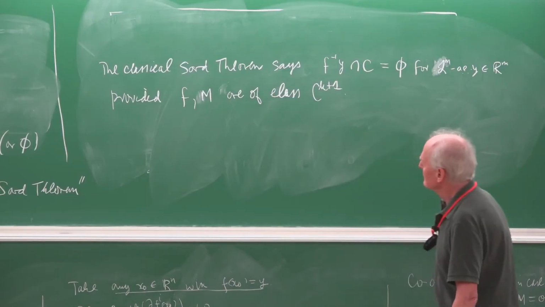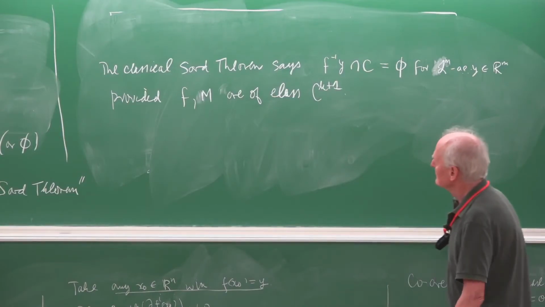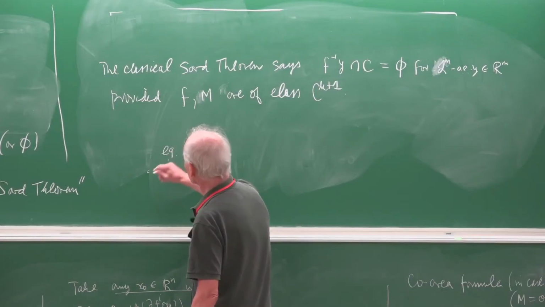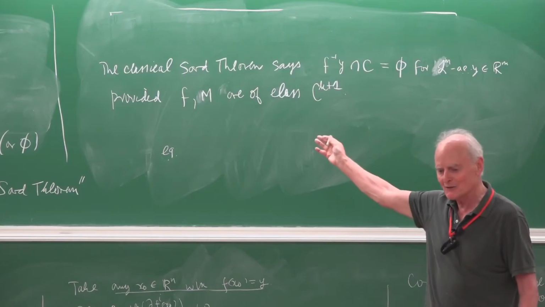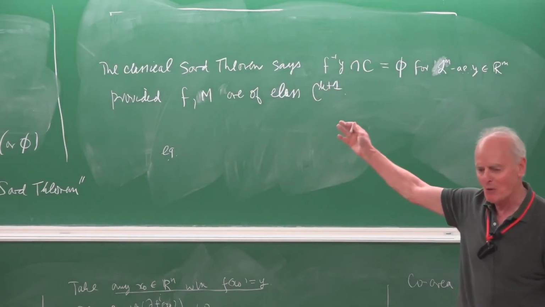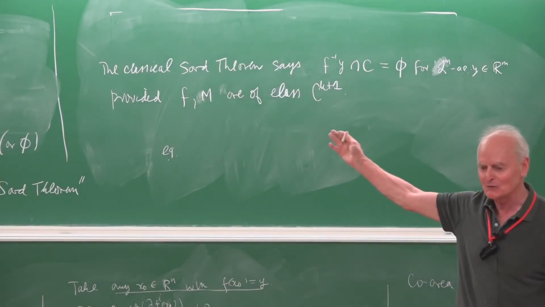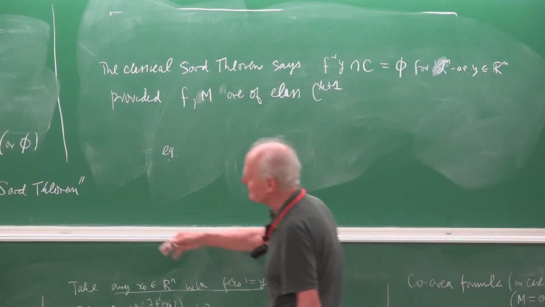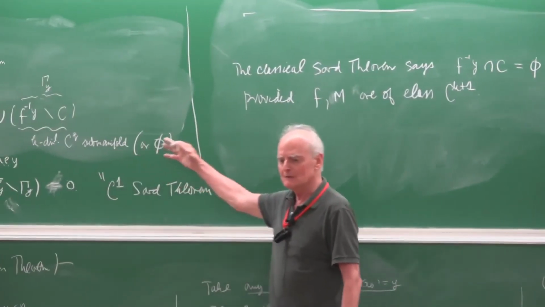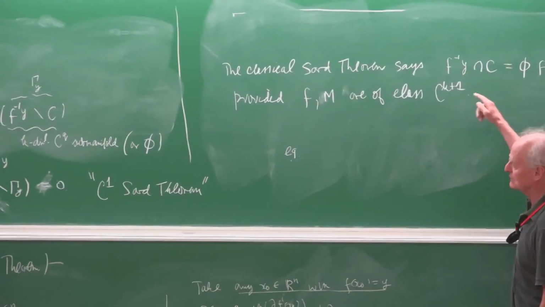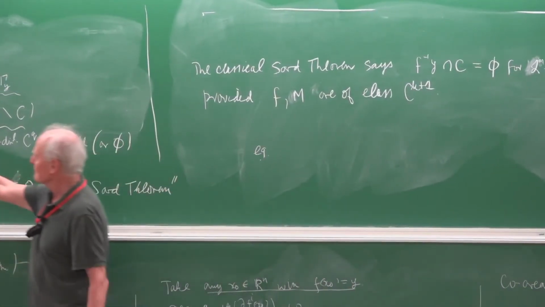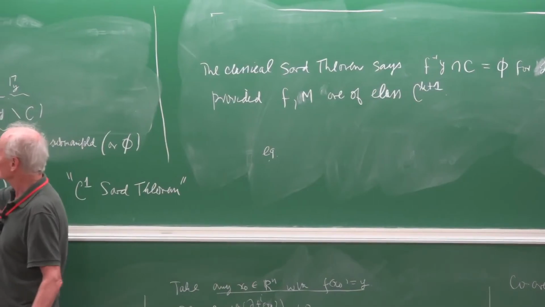By the way, you'll see many papers and books where they forget this fact and apply it to a C1 map, which of course is not true. For a C1 map, you've got to use this. For a CK plus 1 map, you can use the extra fact that it's even empty, which is even better than having measure 0.